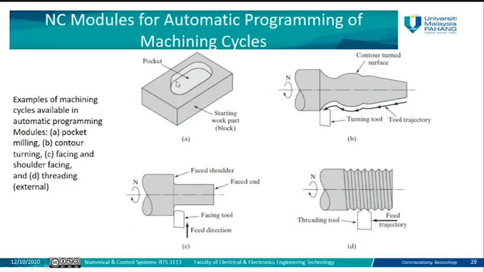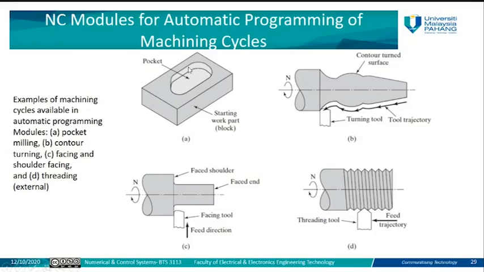As you can see here, if I want to use pocket milling, it can create such a pocket on the workpiece. If you have a workpart and you want to make a pocket, you just run the pocket milling module, and it will perform such tasks. It gives you an operation similar to this.